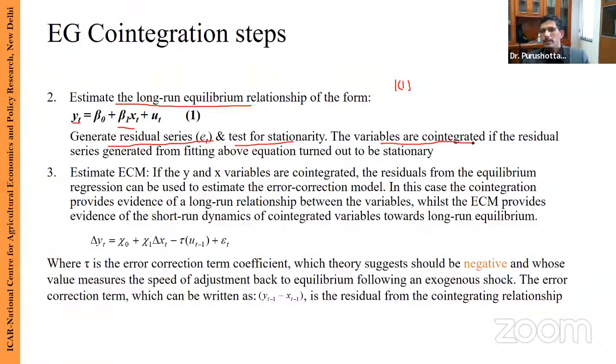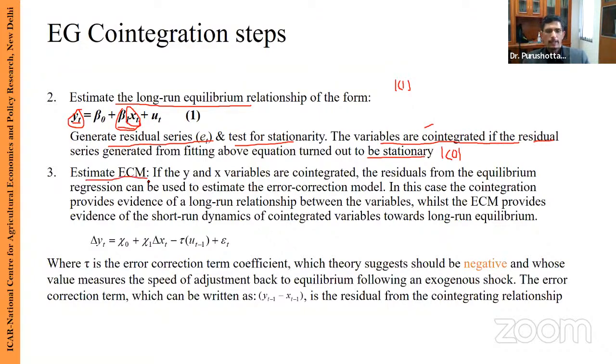The variables are cointegrated if the residual series generated from fitting the above regression turns out to be stationary. The residual series, if it is I(0), then we say that these two variables or two time series are cointegrated.